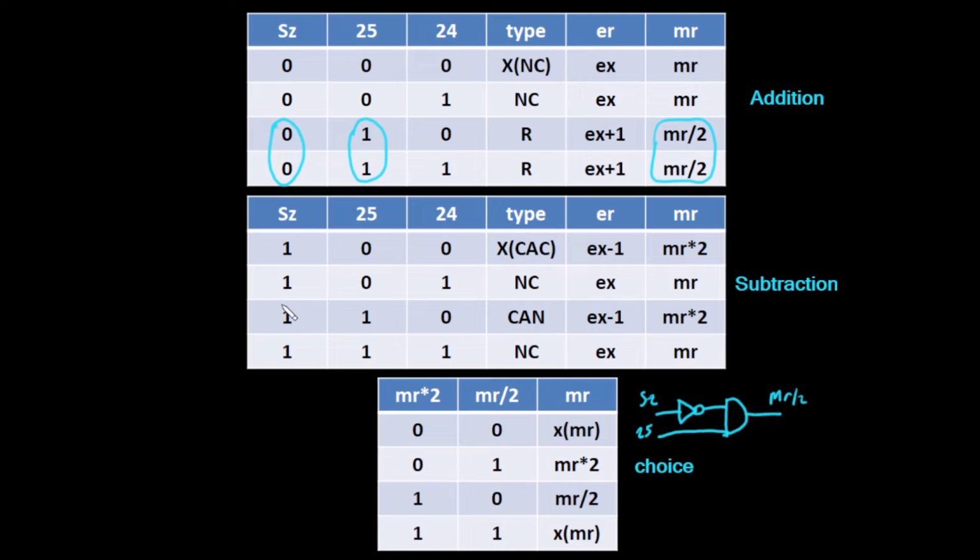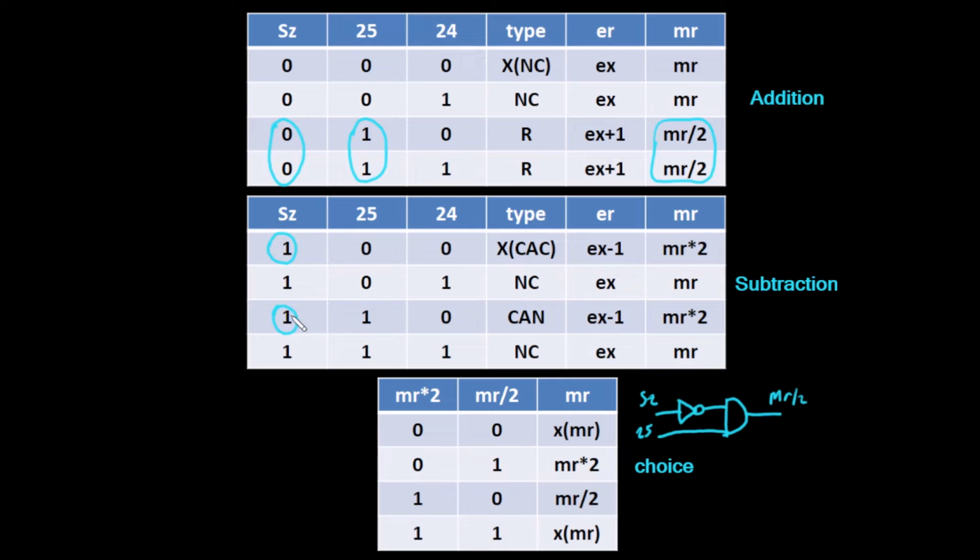Now we can do the same for the MR times 2. Now for the MR times 2, we're going to have this value here, and this value here. And we're also going to have bit 24, which is actually this value here, so I'll undo that just now. So it's this value here for MR divided by 2, and this value here for MR divided by 2.